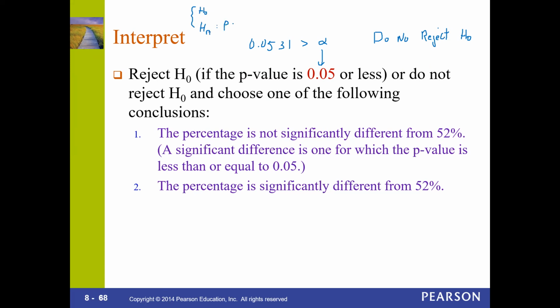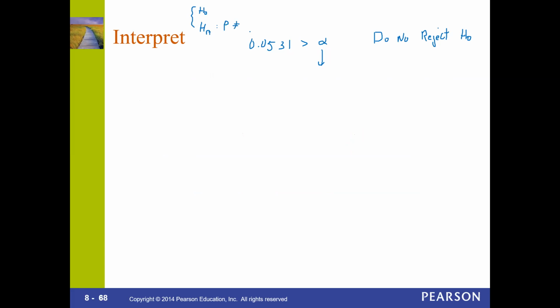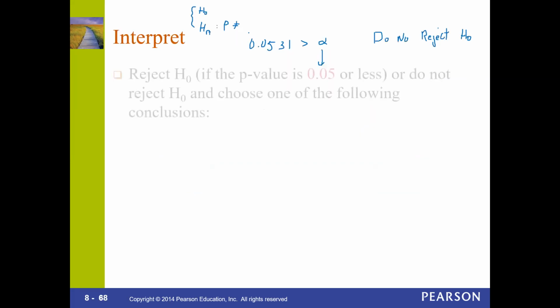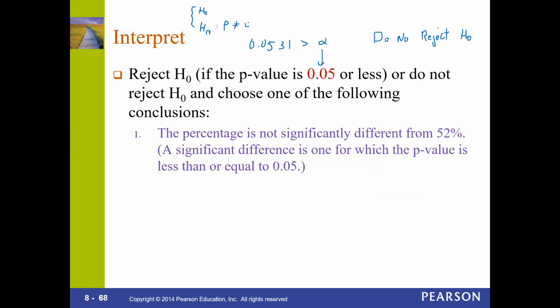This one was p not equal to, what's the number again, 0.52. This one is going to be p equal to 0.52. So this one says do not reject H0. That means this is okay. The bottom one is not correct. We have no evidence for the bottom part.